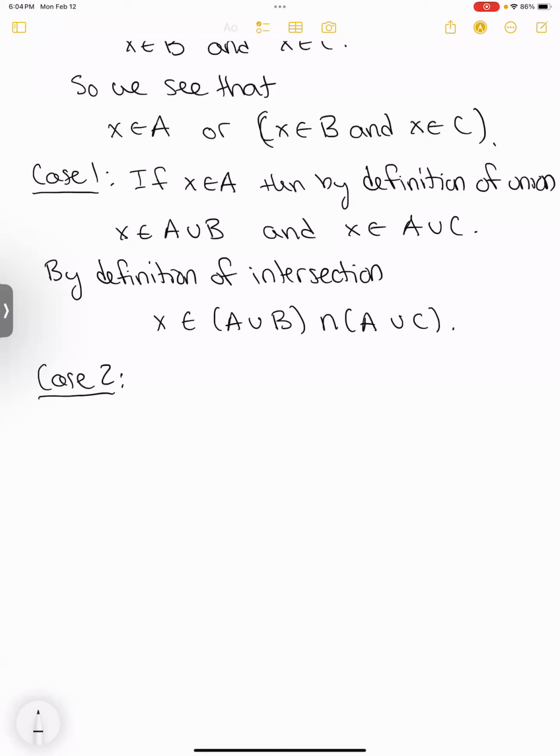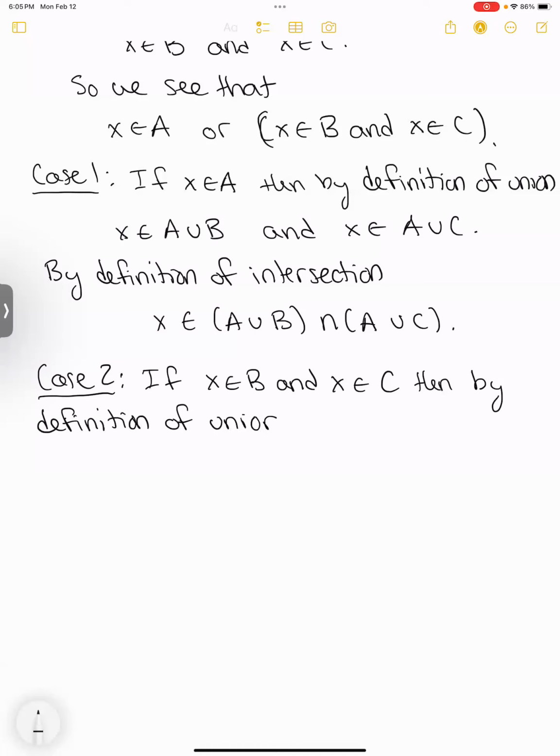Well, the other case is if X is in B and X is in C, then by definition of union, X is in A union B because it's in B, and X is in A union C because it's in C, right?